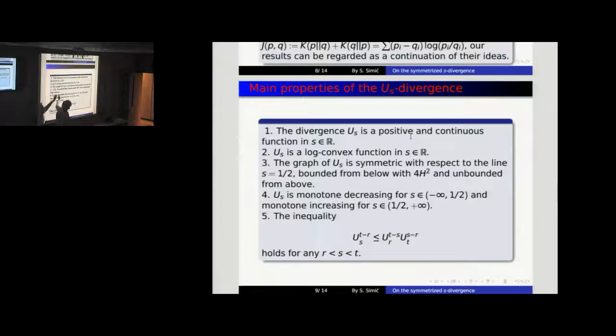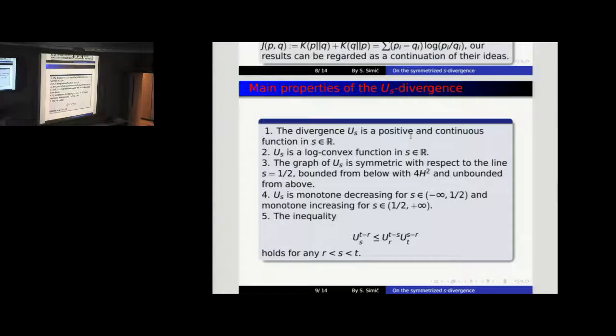So it's monotone decreasing in this interval, and monotone increasing in the other interval. This inequality holds for each S and T. Main properties of the sum.